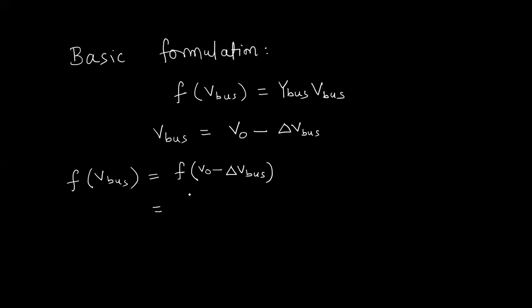When we apply it, it can be written as f(V naught) minus f dash (V naught) multiplied by delta V bus, plus some higher order terms. Here f dash represents the first order derivative of the function f with respect to V, evaluated at the nominal voltage. That is the meaning of f dash (V naught).